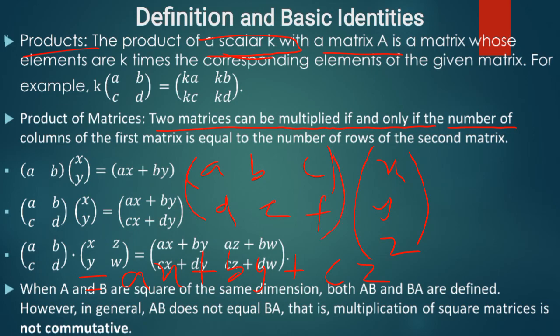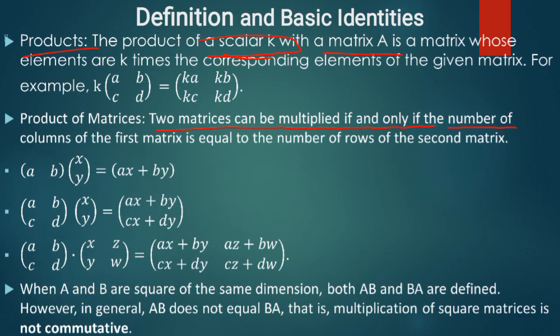When you were multiplying this, you then do the same. You first do this and get the one for up, then you do this and get the one next to it, which is going to be like dx plus ey plus fz. Okay, so that's what you're going to get, and then you can extend it for a 3 by 3. So with that said, you can pause the video and study what the identity says. We're going to apply them shortly anyway.